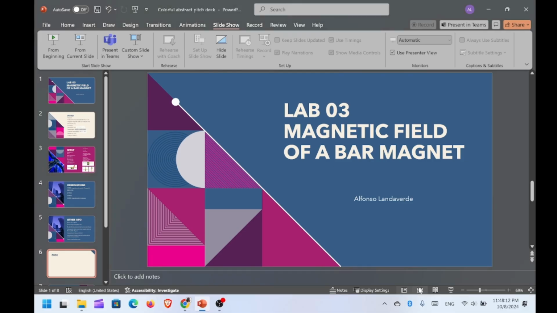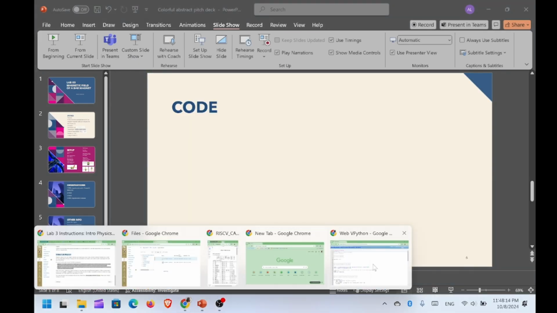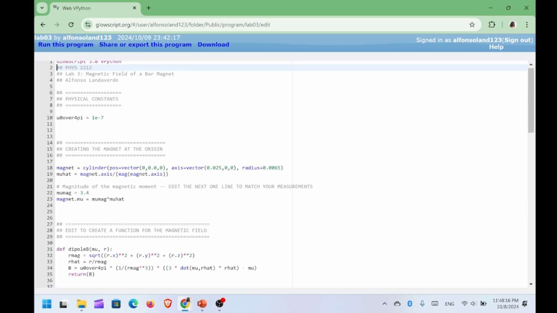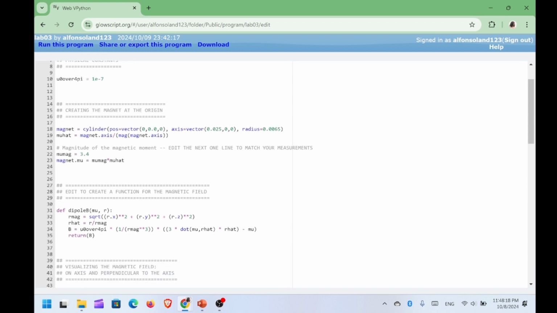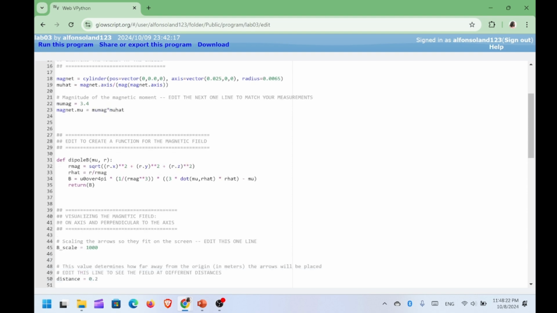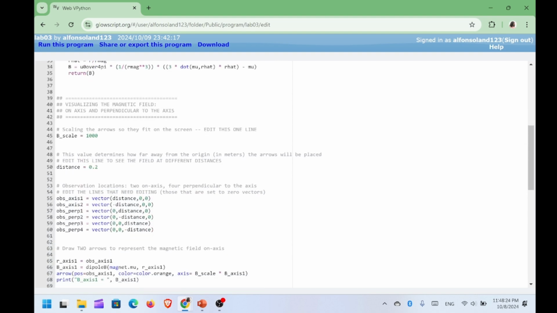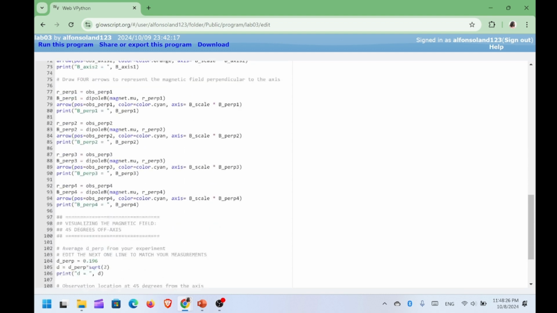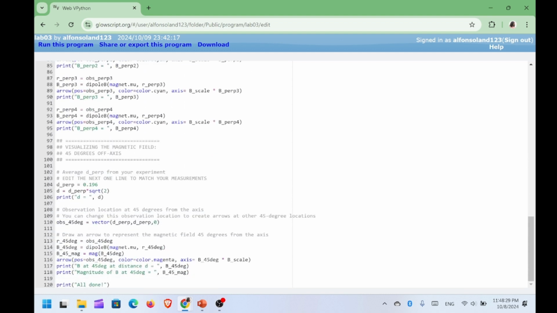So our code. If we take a brief look at that, let me pull up the page. We have the following formulas, where we use our μ_mag that we calculated at 3.4, and then you edit the distance value, and the rest does basically what it tells you.